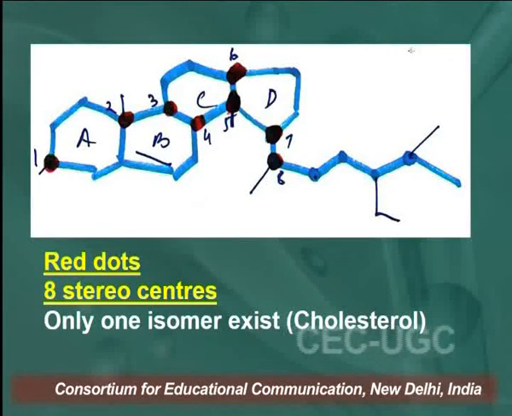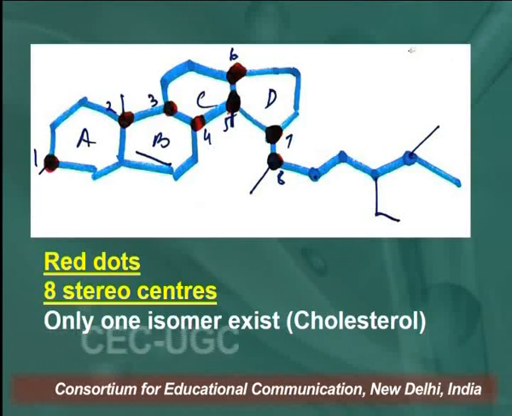On your screen, the red dots which I have represented here represent the chiral centers. What are chiral centers? A carbon which is attached to 4 different groups, right? So the total number of chiral centers in cholesterol is 8.